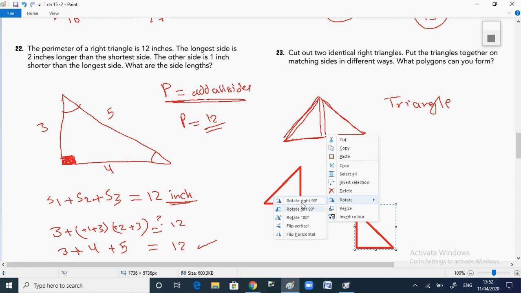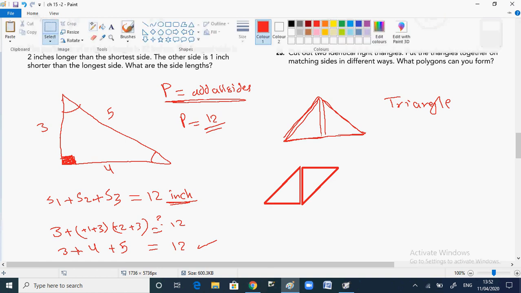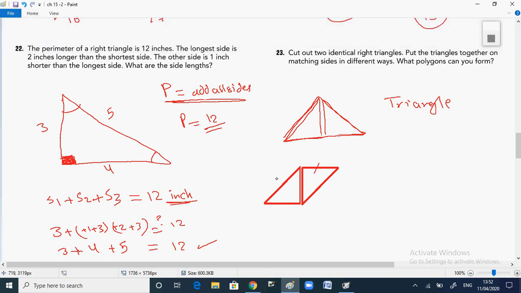I have to check. Look, when I put it here, look, here and here, I will get another quadrilateral, right? So when I put them together like this, I got 4 sides, 1, 2, 3, 4.